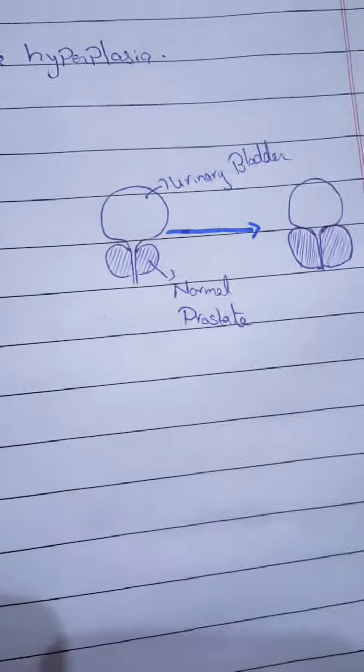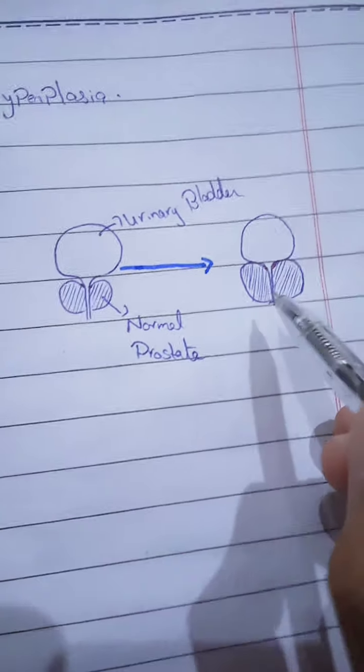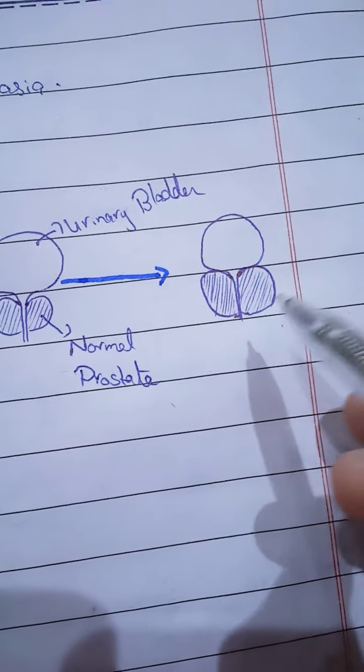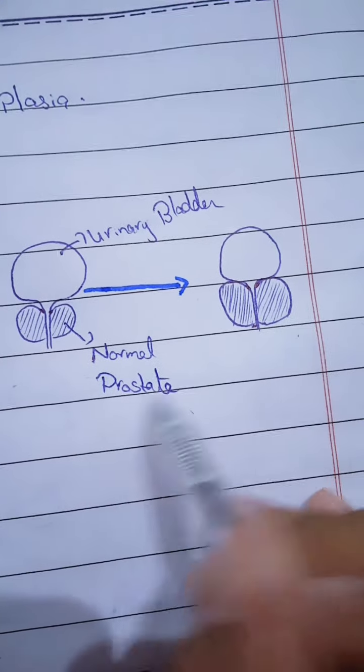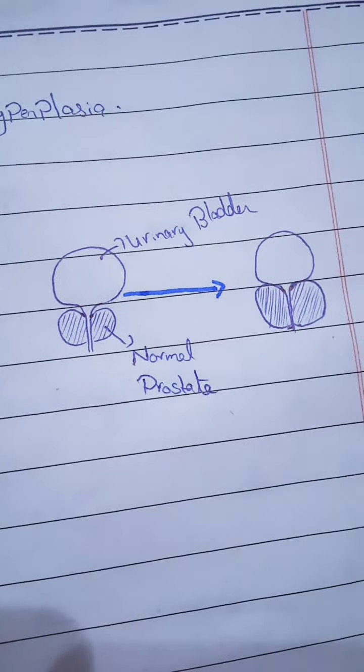But I tell you that pathological hyperplasia is due to excess hormones. This is normal, and you see this. What is this? This is benign prostate hyperplasia. Hyperplasia of the prostate occurs, and what is the hormone which is produced in excess? This hormone is the androgens.